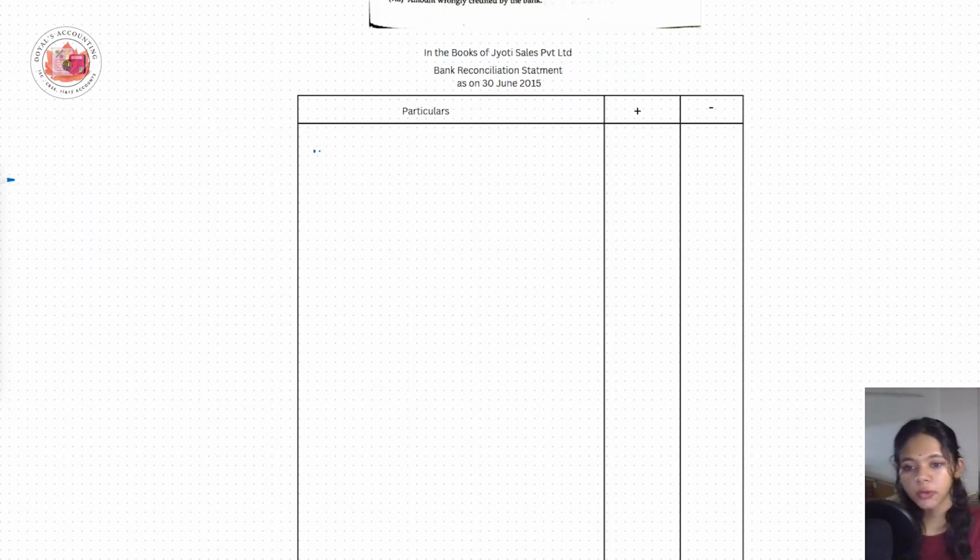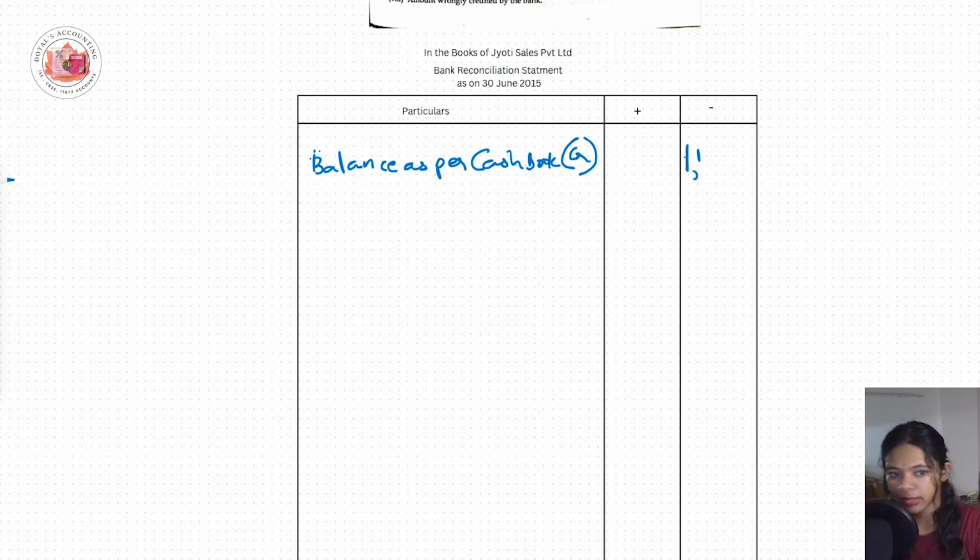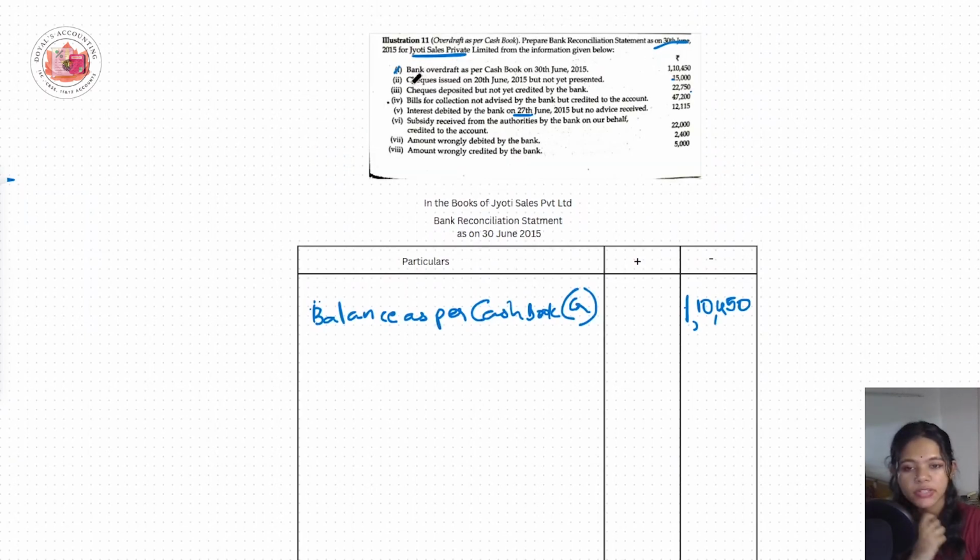So now I'm going to write my opening balance. Balance as per cash book. A credit cash book balance means an unfavorable balance, 1,10,450.